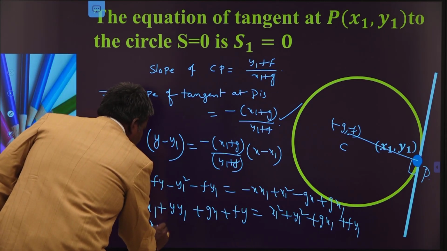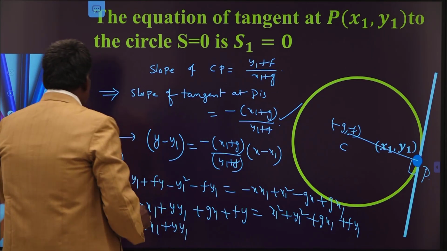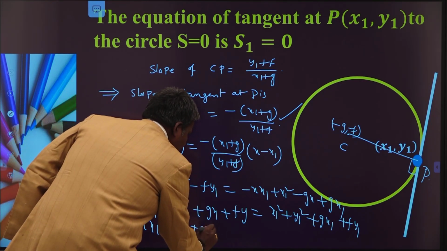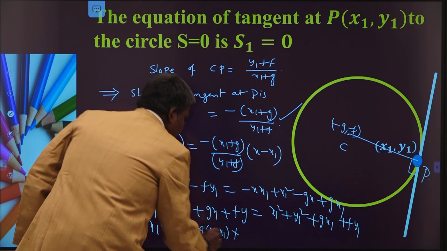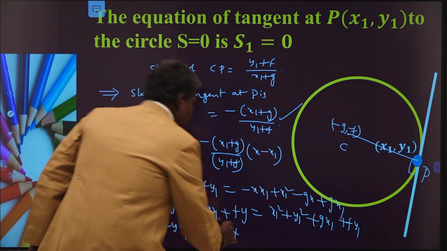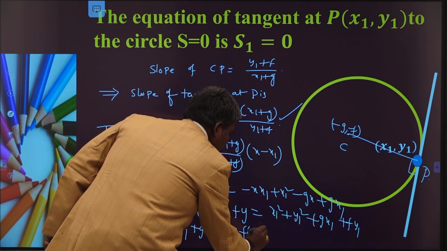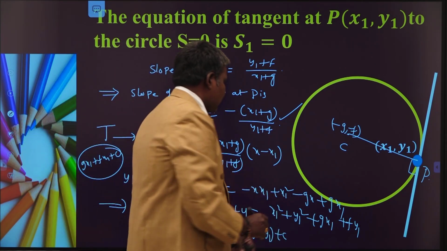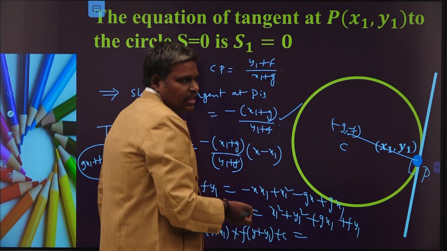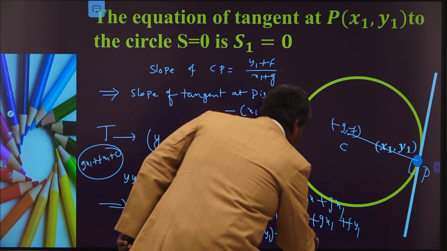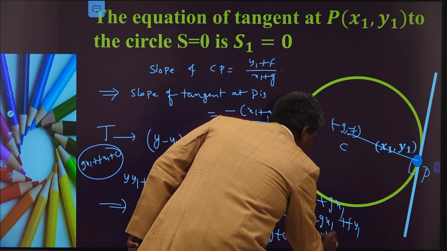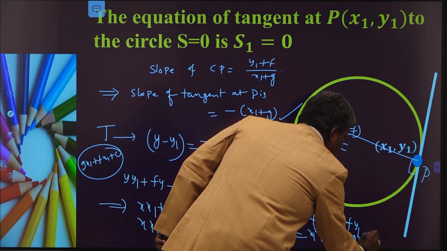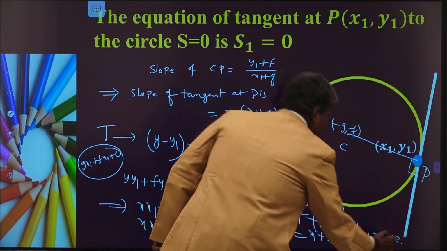So xx1 plus yy1, adding gx1, gx plus gx1 is what? g times (x plus x1) plus fy plus fy1, we mean f times (y plus y1) plus c. We are adding this term to the right side also. The equation will be balanced. There is no change. x1 square plus y1 square plus gx1 is what now? 2gx1 plus 2fy1 plus c.